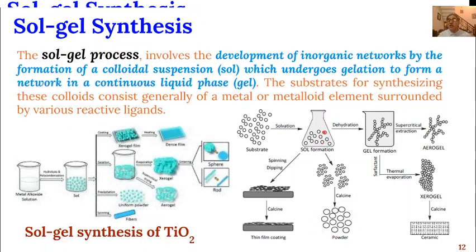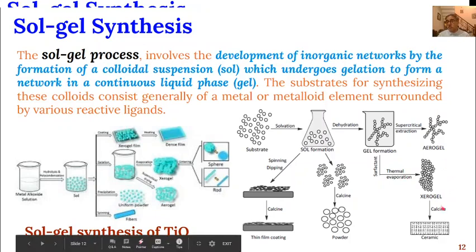Then these sols which have been formed, after dehydration can be converted into gel formation, and then supercritical extraction. Through supercritical extraction, it can be converted to aerogel, or through addition of surfactant and thermal evaporation, they can be converted into xerogels, and then calcine can convert into ceramic nanomaterials.